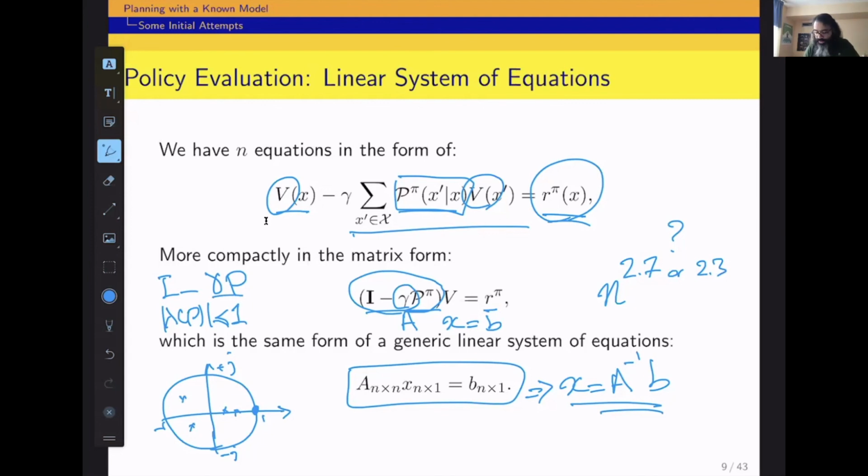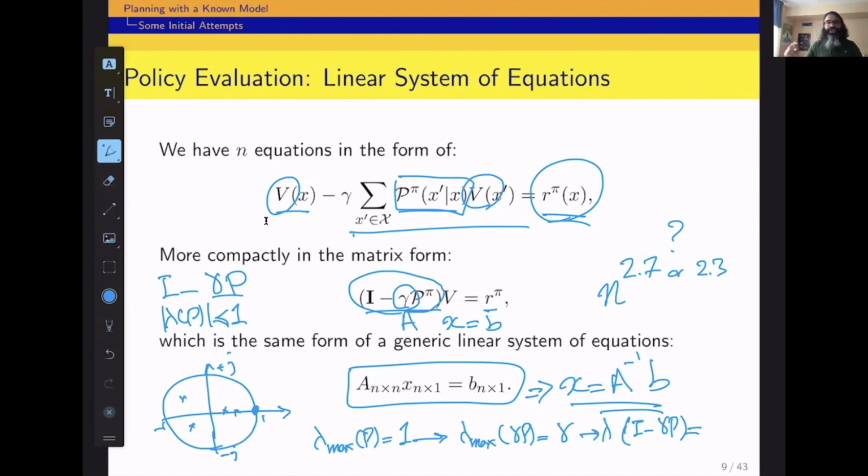So the largest one, which was 1, becomes gamma. I probably didn't need to go in this direction. We can argue that none of them can become 0: the eigenvalue of I is 1.